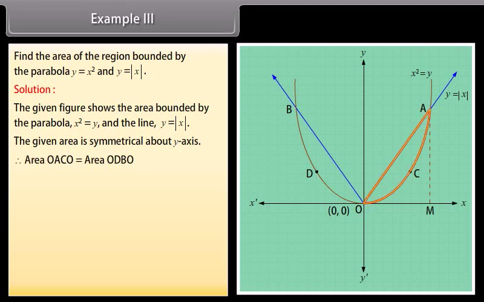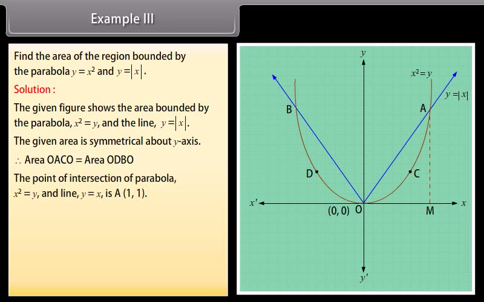Therefore, area OACO is equal to area ODBO. The point of intersection of parabola x square equals y and line y equals x is A(1, 1). Area of OACO is equal to area of triangle OAB minus area OBACO.